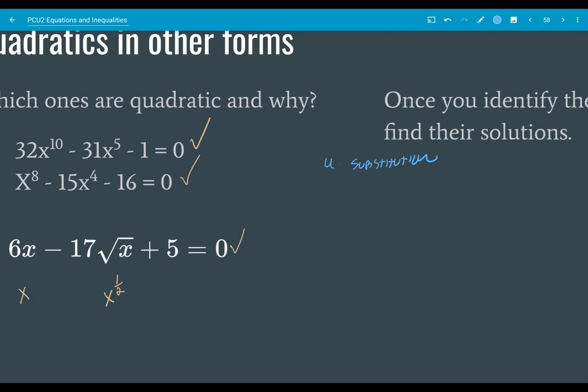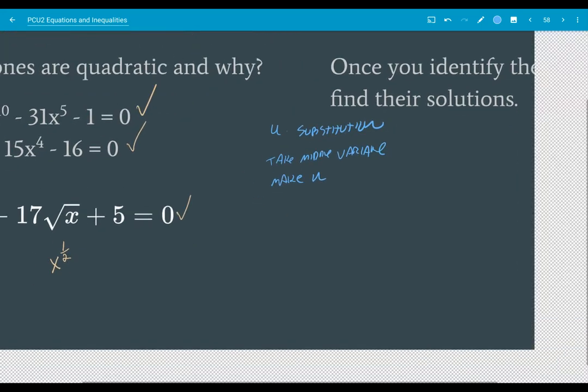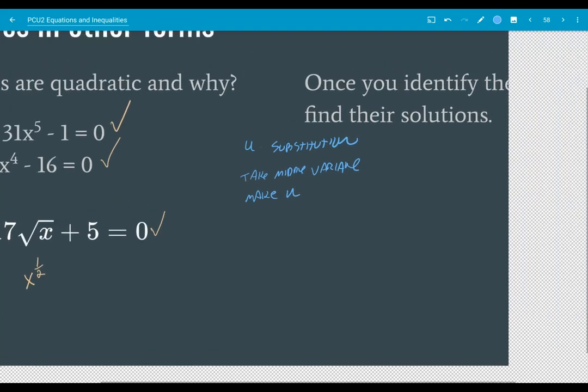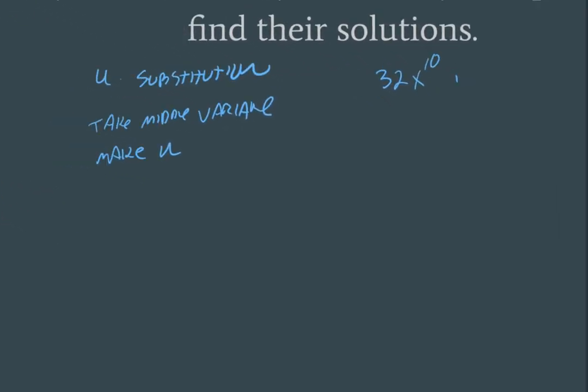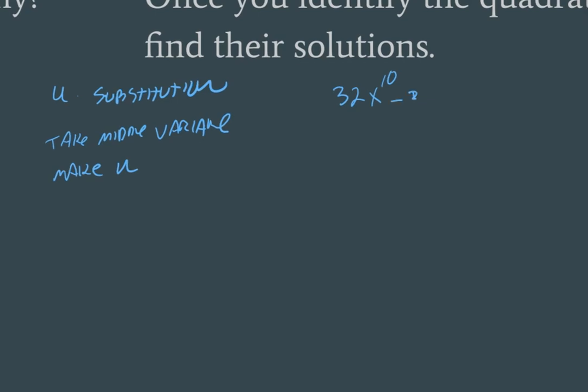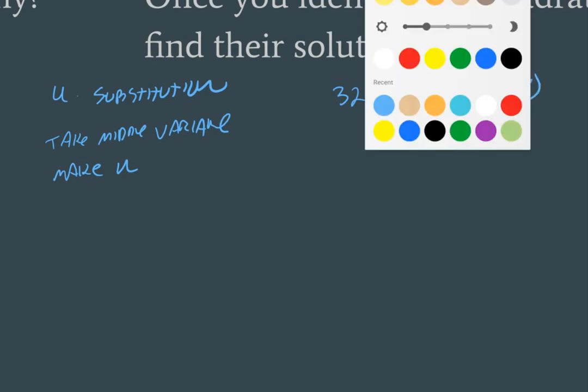The U substitution is we take the middle variable and make it U. So for this first one, we have 32x to the 10th minus 31x to the 5th minus 1 equals 0.